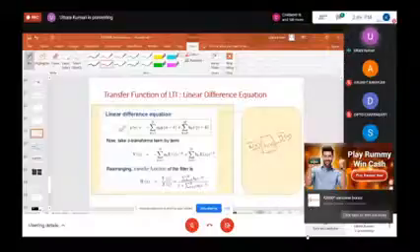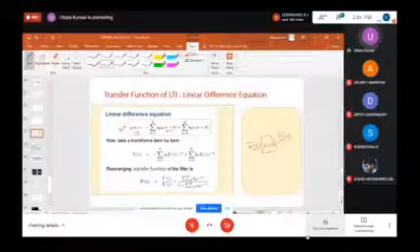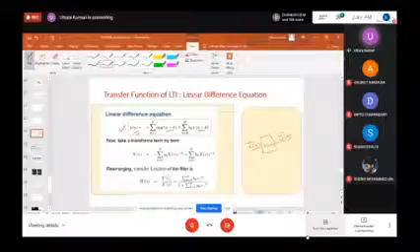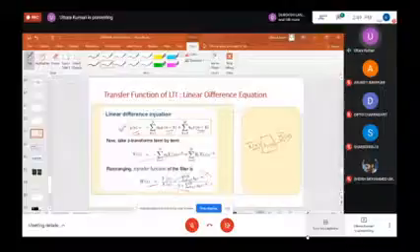In this linear difference equation, the output depends on the present input, past input, and the past output. Based on this, when you draw H of z, you will get a pole and zero structure. This is some kind of transfer function.